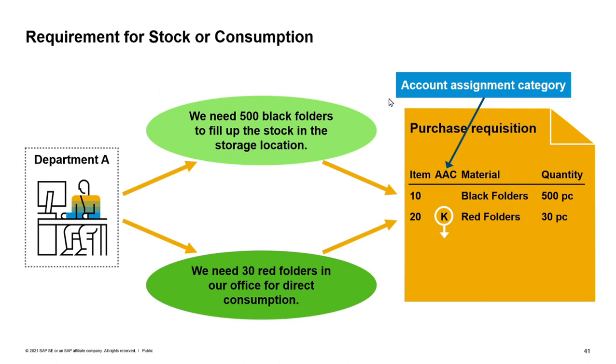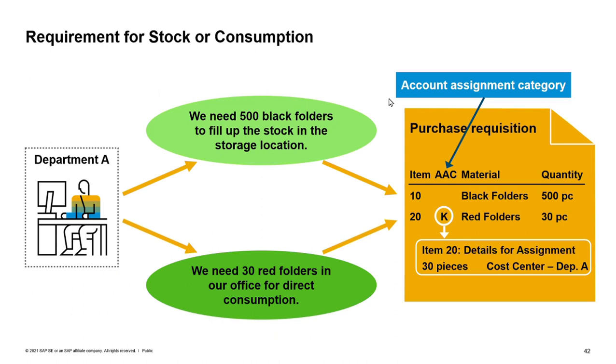This oil pump goes to stock because later it's going to be used for production. But I can also buy an oil pump because I'm going to run some tests on it. In this case, the oil pump is not in stock, I put it in the test room, and there I have to have the account assignment category. Even if it's material for stock, but it's used for something else, it needs an account assignment category.